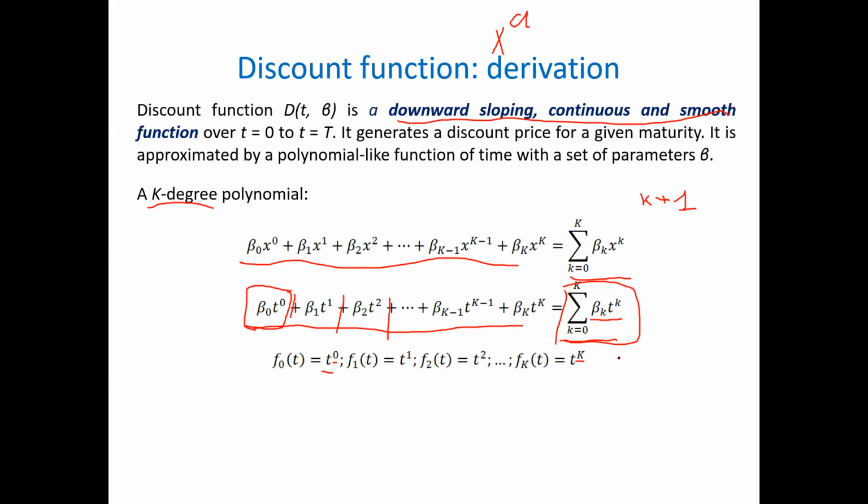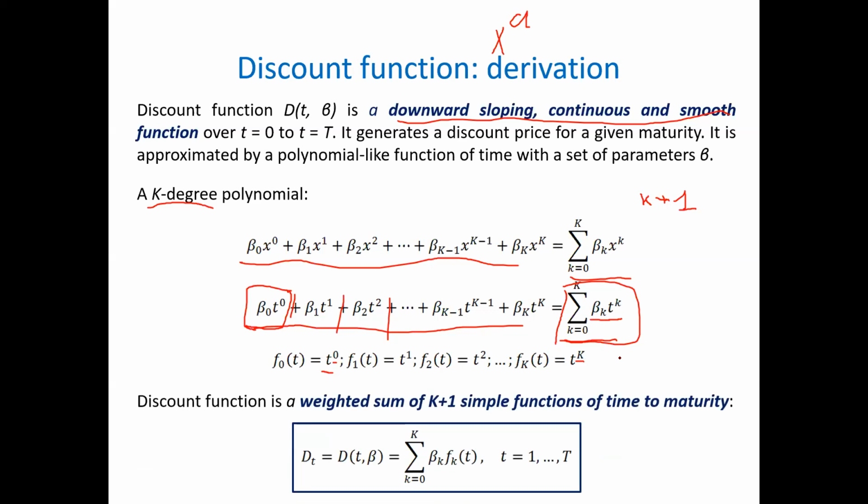So essentially, a polynomial is a weighted sum of simple functions, and these simple functions are power functions, time to maturity raised to certain constants. So that's what I have already said. So we have a weighted sum of k plus 1 simple functions of time to maturity, and each simple function is time to maturity raised to certain power.